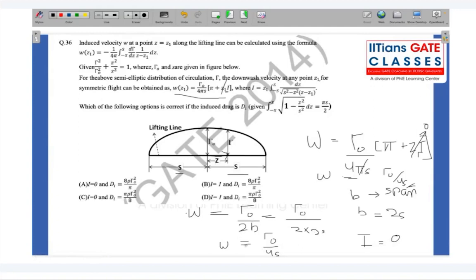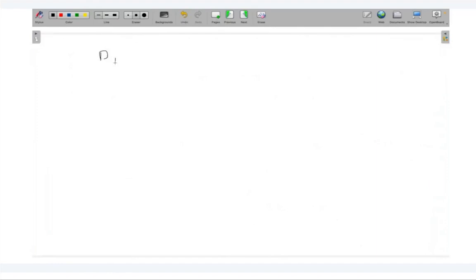All right. And next they're asking us what is the induced drag. All right. So the induced drag, di, is nothing but your induced drag coefficient CDi into half rho infinity V infinity square times the surface area of the wing. Right.